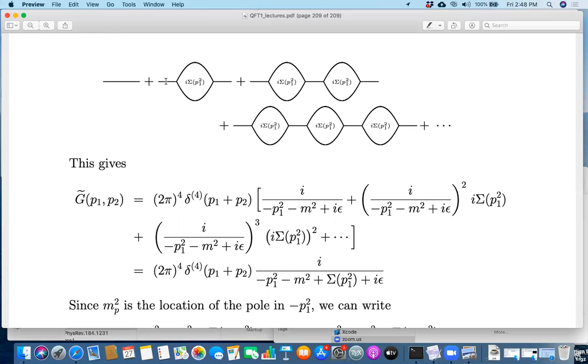This one has two factors of I over minus p1 square minus m square plus I epsilon. Normally, I would have written it as I over minus p1 square minus m square plus I epsilon, I over minus p2 square minus m square plus I epsilon. But of course, because of this delta function, p1 square and p2 square are the same. So I have just written it as I over minus p1 square minus m square plus I epsilon whole square times this, which is I sigma p1 square.